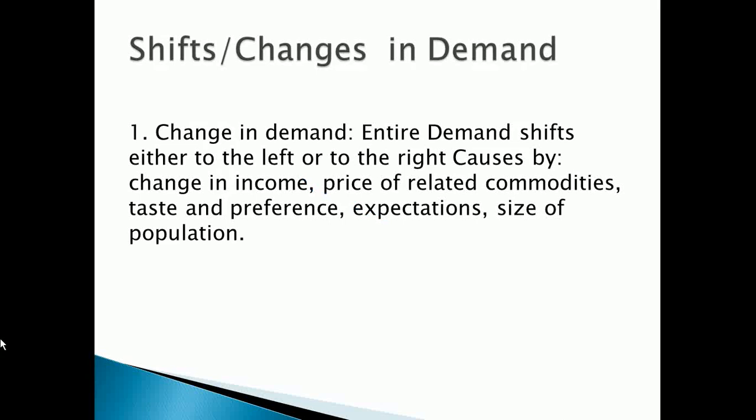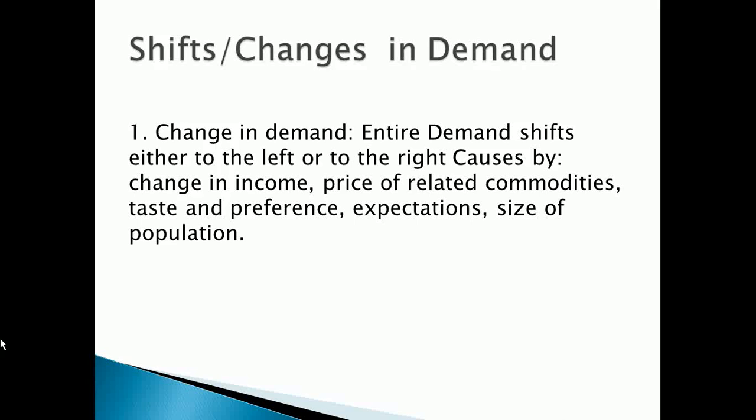For example, student allowance. If student allowance increases from, say, 1,000 to 5,000, definitely what a student will purchase will increase, either the quantity or the quality, irrespective of the ruling price. So that can lead to an outward shift of the demand curve. Now let me show you this in the next slide.